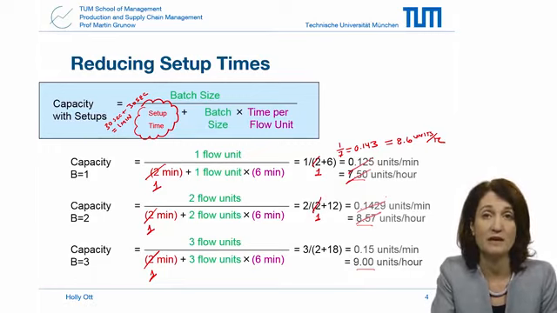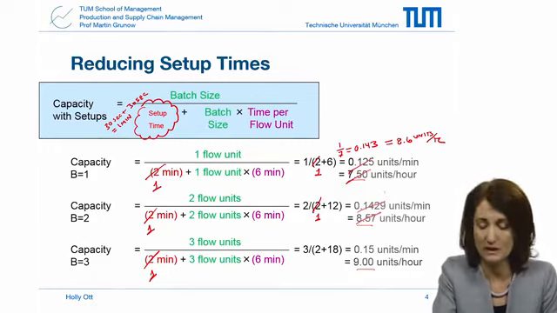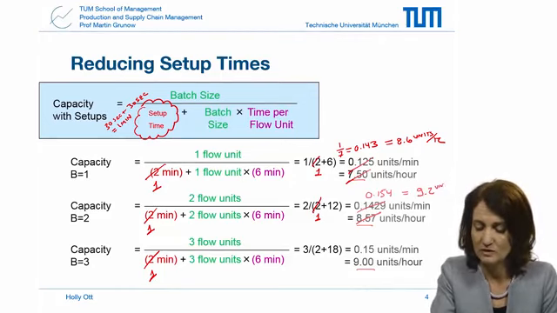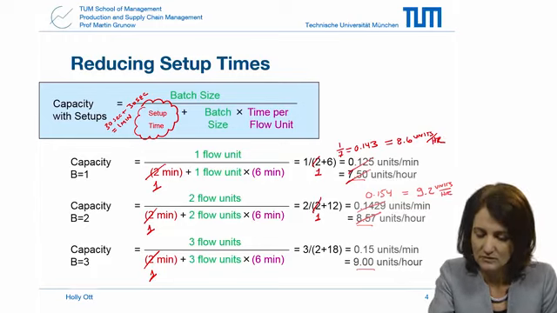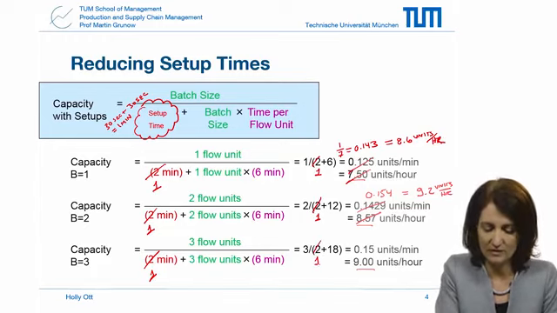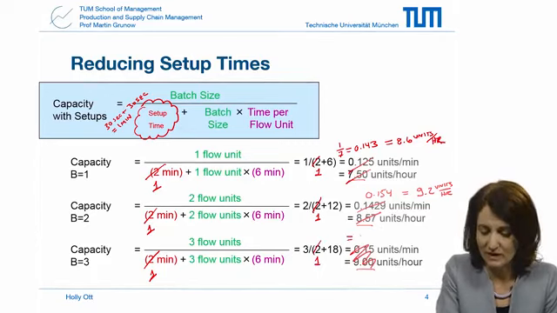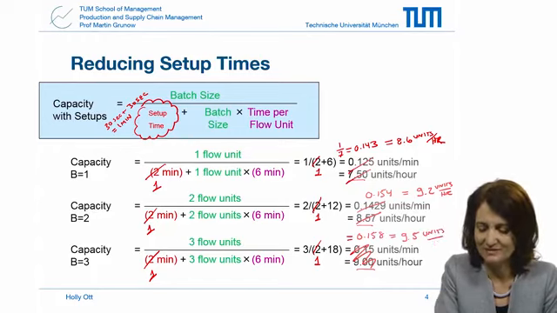In this case, we get an increased capacity of 0.154 units per minute, which is equal then to 9.2 units per hour. And finally, with 3, we would end up then with 0.158 units per minute, giving us 9.5 units per hour.